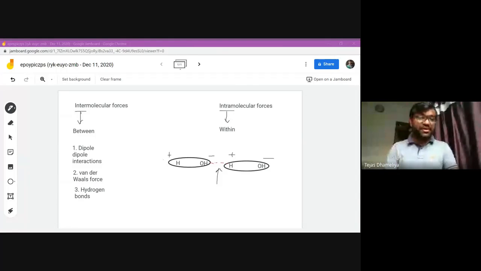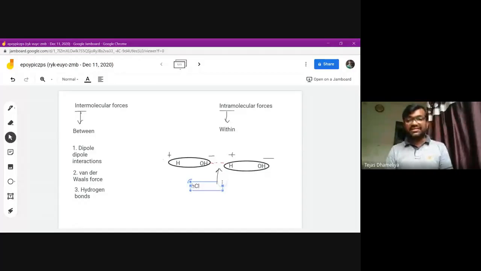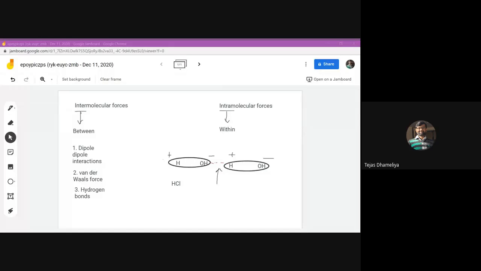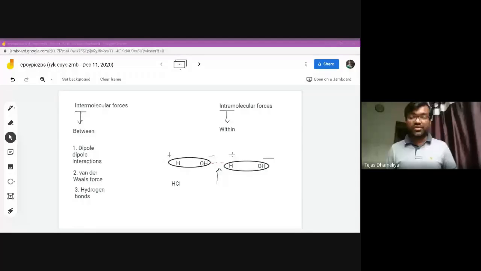Dipoles are also possible, for example, with HCl, hydrochloric acid. Sorry, this is actually not the correct formula. It is possible with hydrogen fluoride, hydrogen bromide, hydrogen iodide: HI, HF, HCl, HBr, water. These molecules have dipoles present.